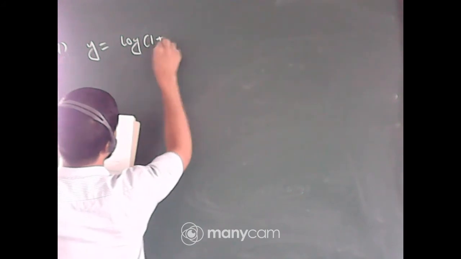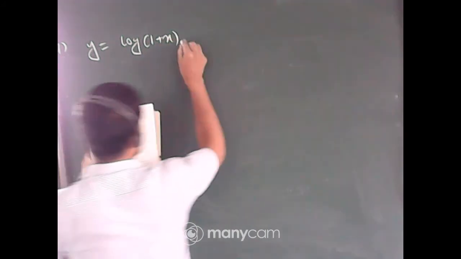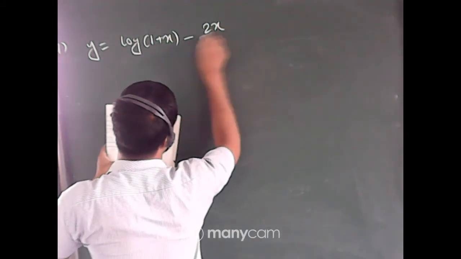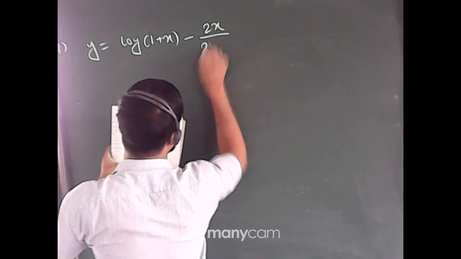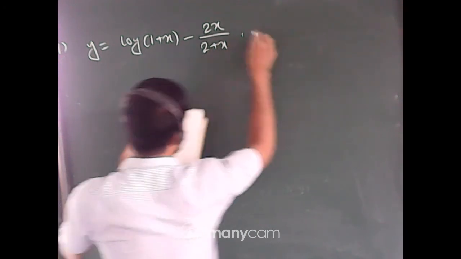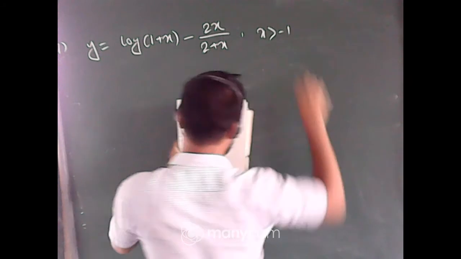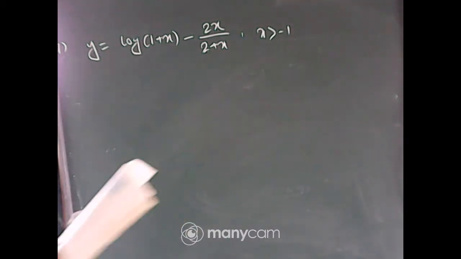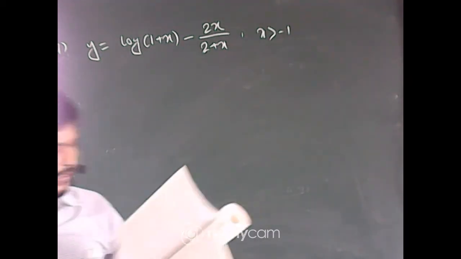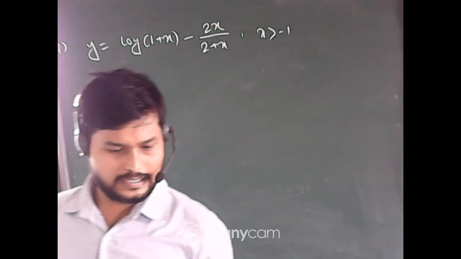Question number 7 is: show that y equal to log of (1 plus x) minus 2x by (2 plus x), where x is greater than minus 1, is an increasing function of x throughout its domain.